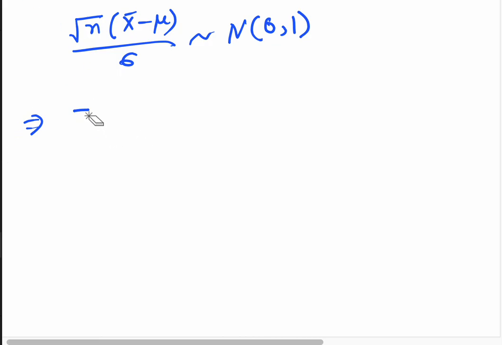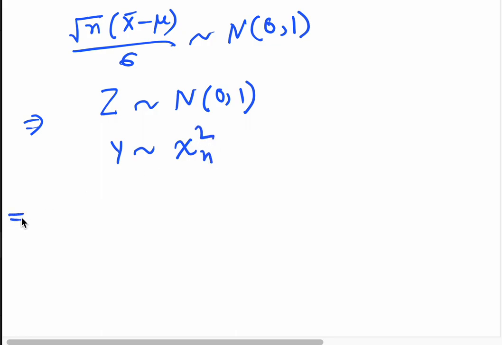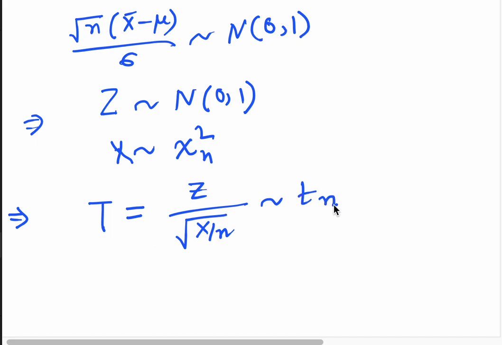Suppose that z follows a normal distribution and x follows a chi-square n distribution, then t equal to z by root over x by n will follow a t distribution with degrees of freedom n.